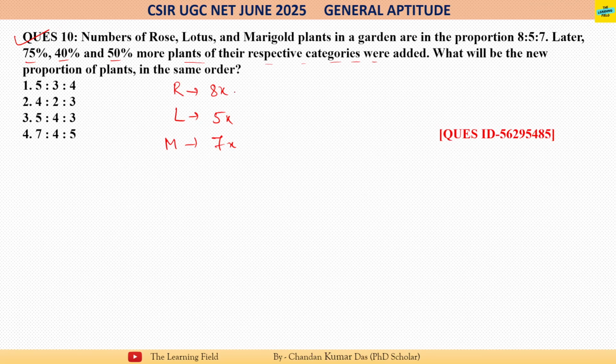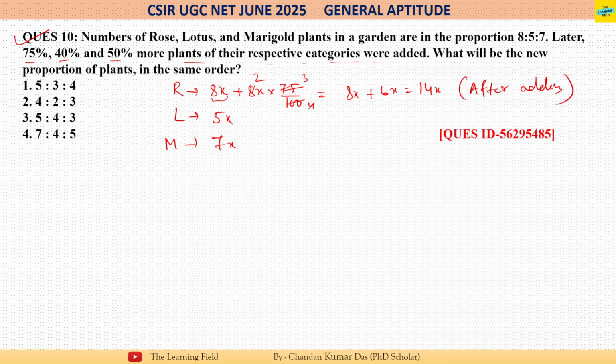What is the new percentage? So after adding, this is 8x into 75 by 100, which is the 75% of 8x, so this is equal to 6x. So 8x plus 6x is equal to 14x after adding.